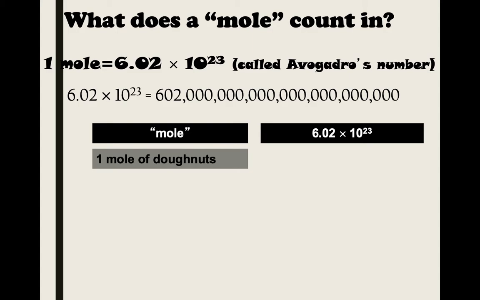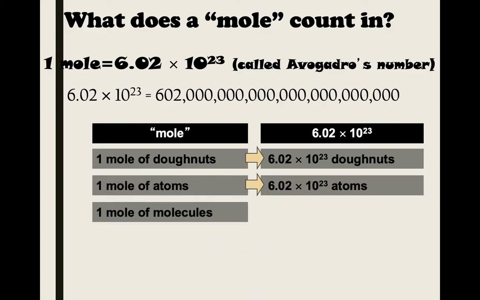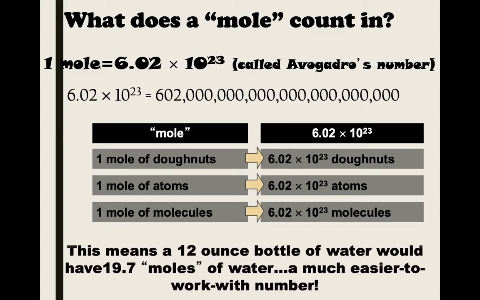And so in the same way that a dozen means 12, if you had a mole of donuts or atoms or molecules or cars, this is how many of those things you would have. And so going through the same calculation in a 12-ounce bottle, instead of some ridiculous number to the 23rd power, you only have 19.7 moles. This is a number that we can comprehend. It's a number that we can actually manage.